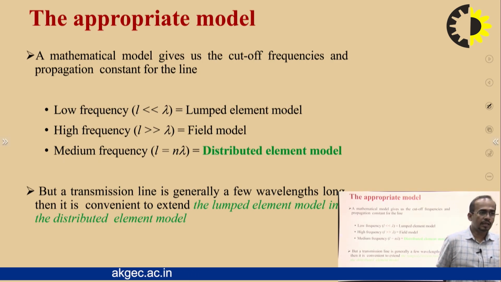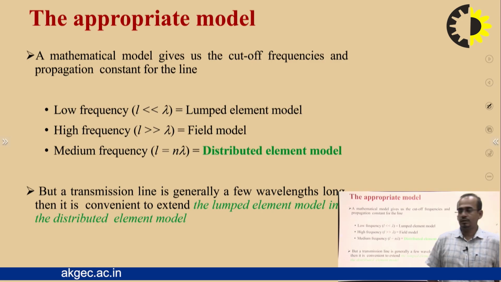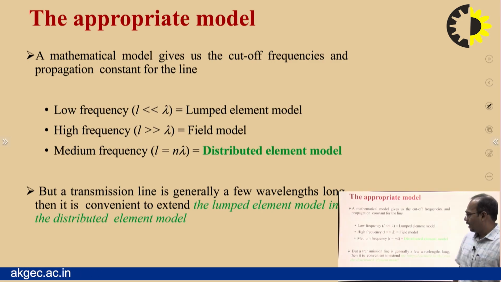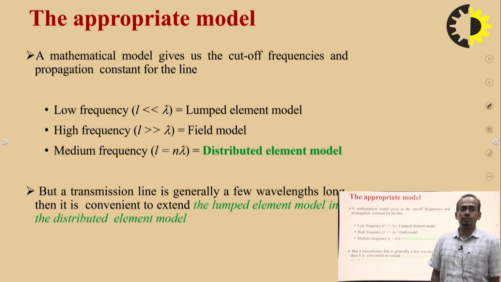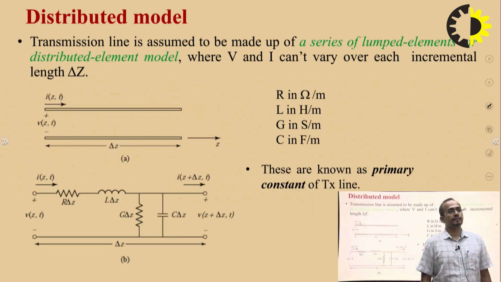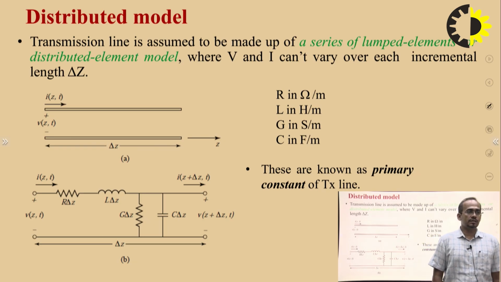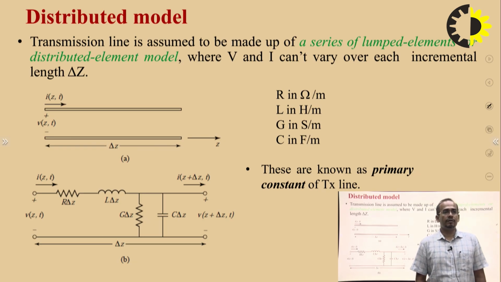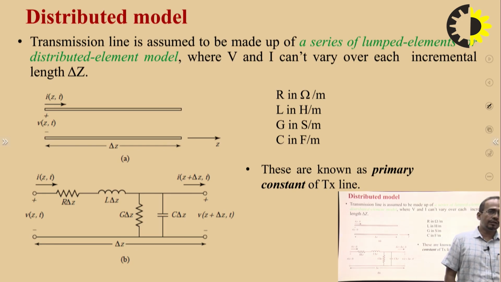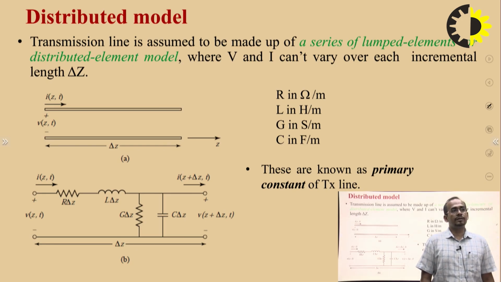But a transmission line is generally a few wavelengths long, so it is convenient to extend the lumped element model into the distributed element model. Now, coming to the distributed model, the transmission line is assumed to be made up of a series of lumped elements, where V and I cannot vary over each incremental length delta z.